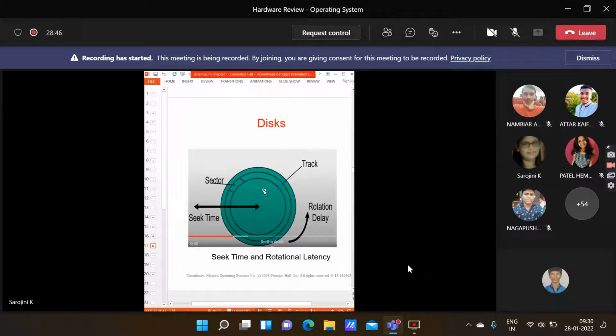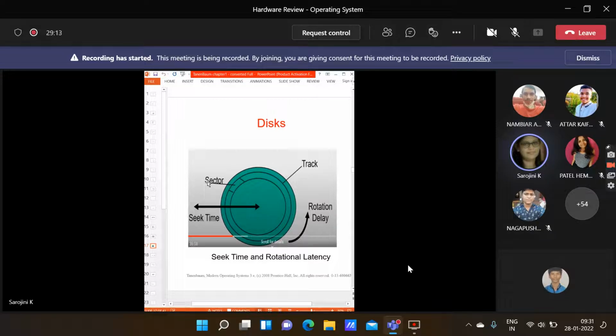So like that, the read-write process will be. On the magnetized surface, in the cell, the magnetic energy will be passed. Through that, writing will happen. If you want to read, again you have to pass the energy to retrieve the data. For example, here I wrote 1 or 0.